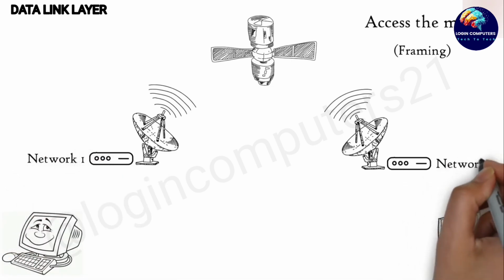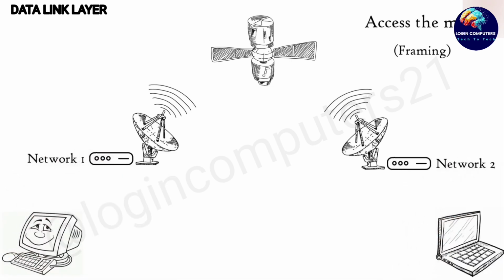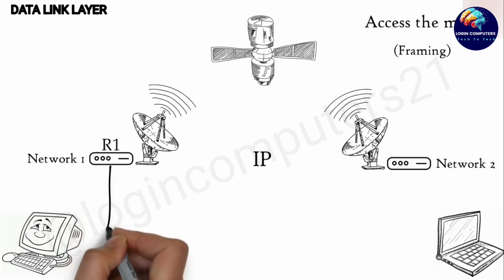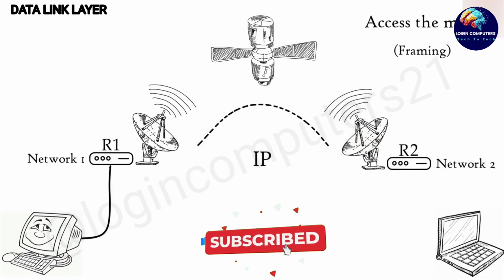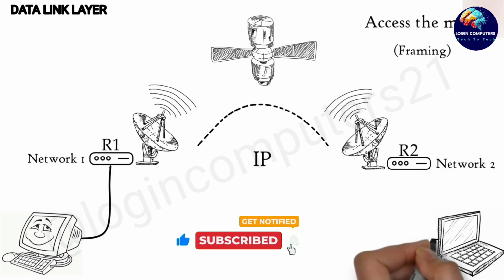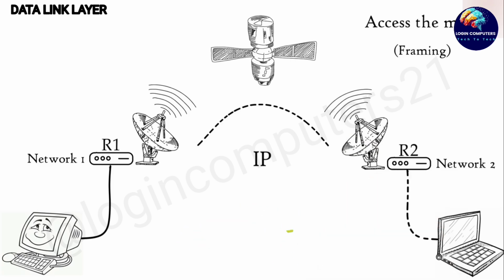As they are connected to different networks, they will use network layer protocols, IP for example. The desktop is connected to router R1 via an Ethernet cable. Routers R1 and R2 are connected via a satellite link, and the laptop is connected to R2 via a wireless link.